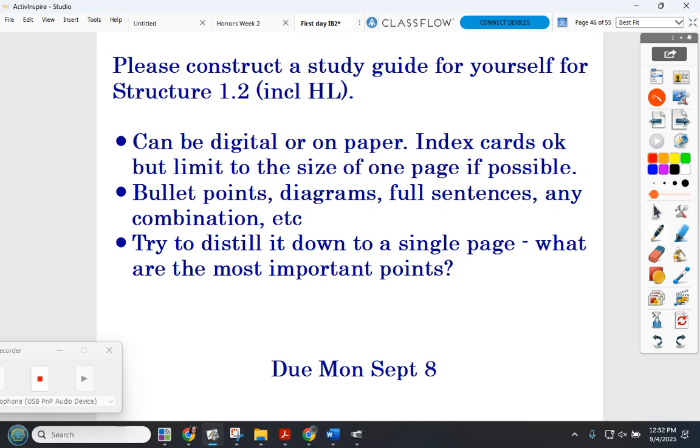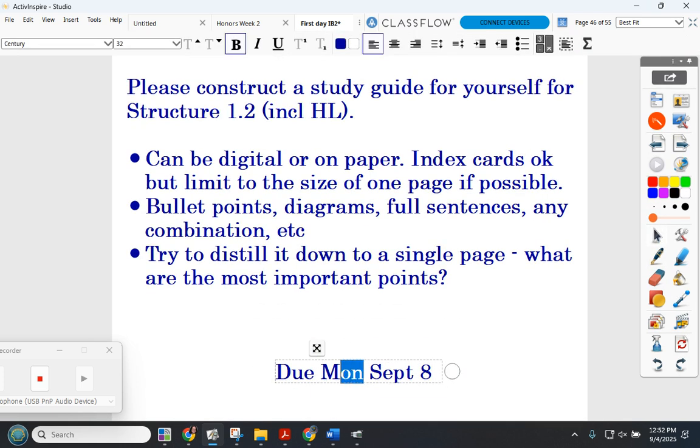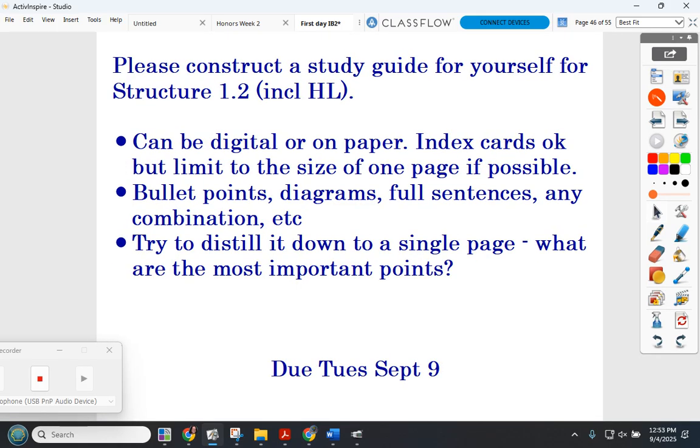Okay. So I'm going to change this to be due on Tuesday so that you have an extra day, since I thought I was giving this yesterday until I remembered you weren't going to be here. And I'll change it in Synergy as well. There's not really a rubric for this because this is my first time doing it as an assignment in that sense, so I will grade it generously.